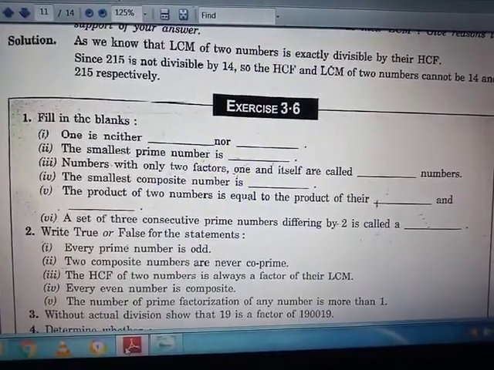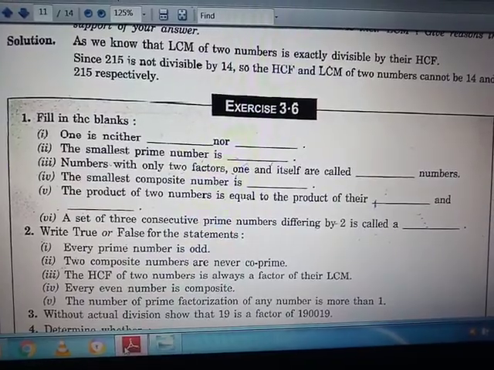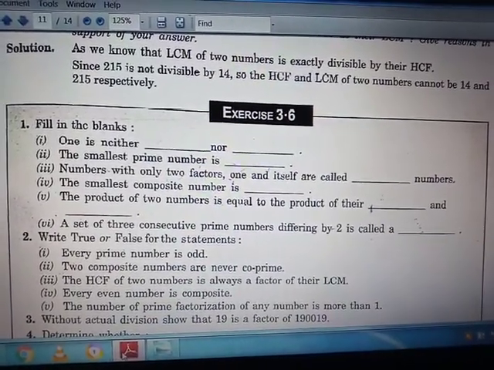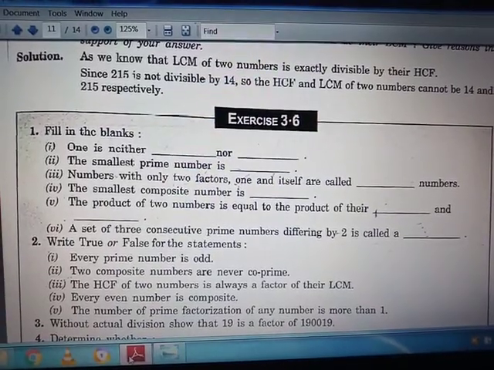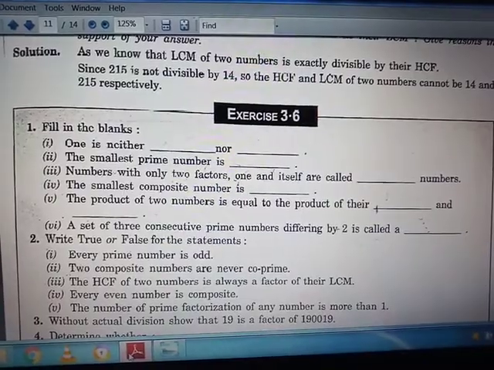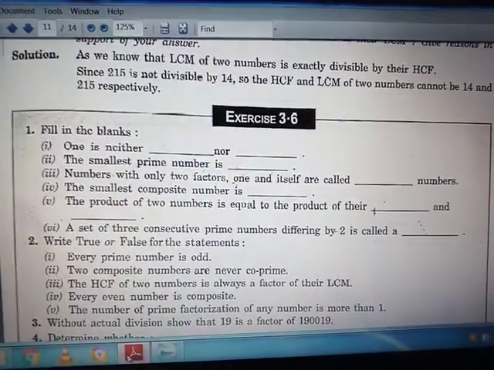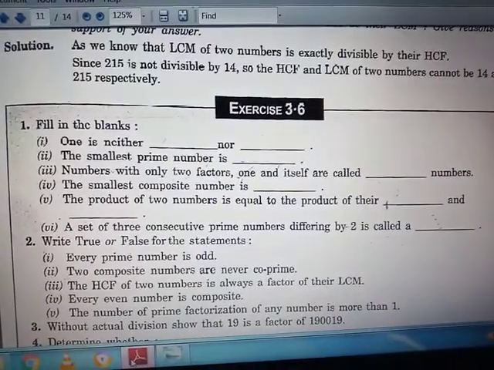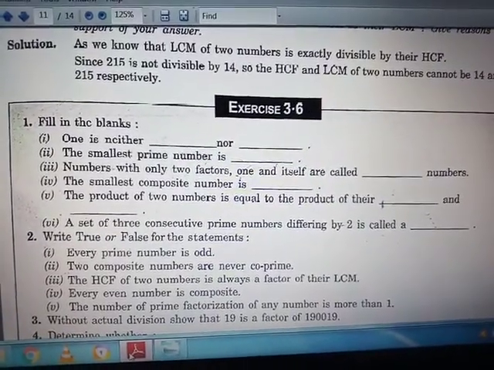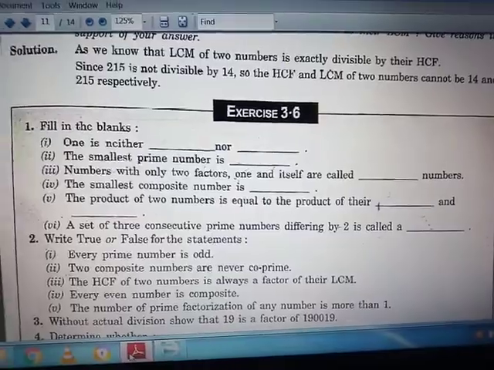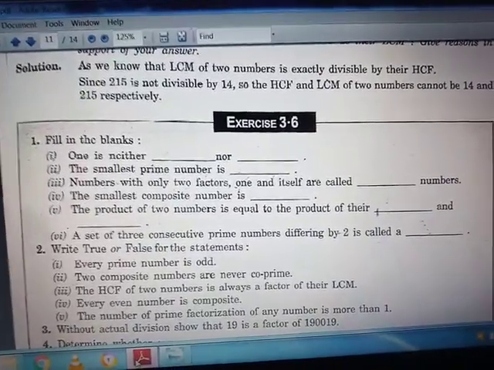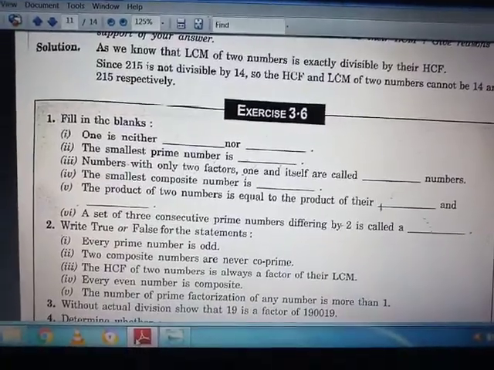Now the fifth part is: the product of two numbers is equal to the product of their HCF and LCM. We will do questions based on this fifth blank further in this exercise. Now the sixth one is: a set of three consecutive prime numbers differing by 2 is called a prime triplet, because prime numbers should have a difference of 2 between each.